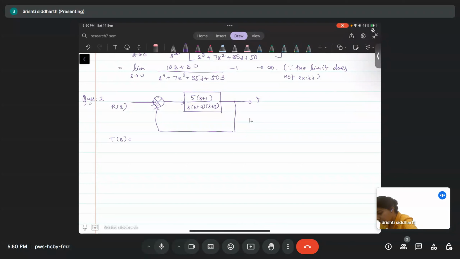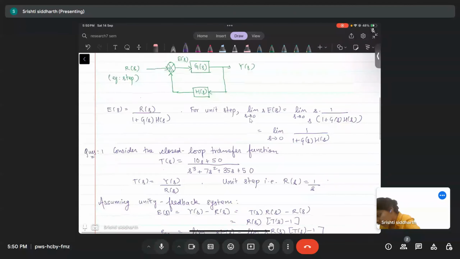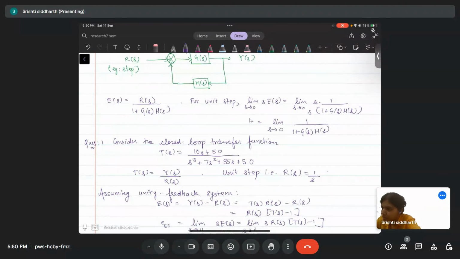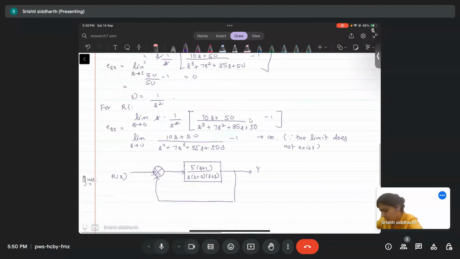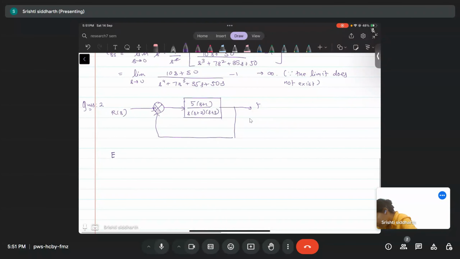The closed loop transfer function is given by G(s) over 1 plus G(s).